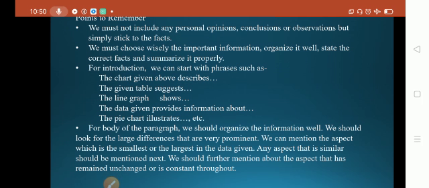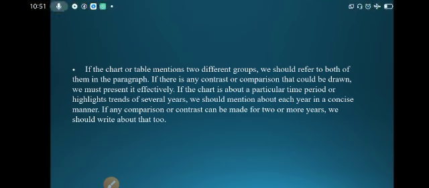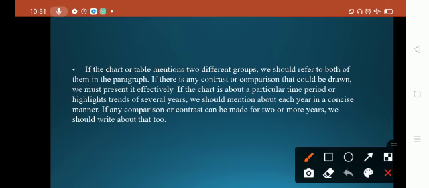Means we should also mention the fact which remained constant throughout the line graph. If the chart or table mentions two different groups, we should refer to both of them in the paragraph. Of course, like we discussed, it's imperative to discuss both the line graphs, meaning birth and death.